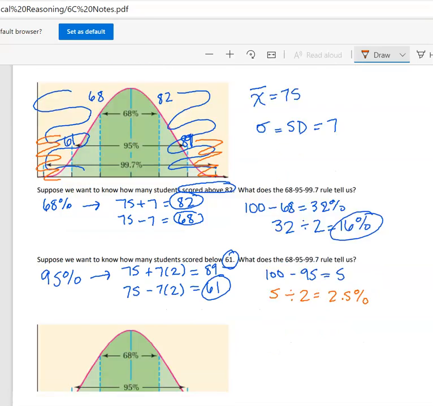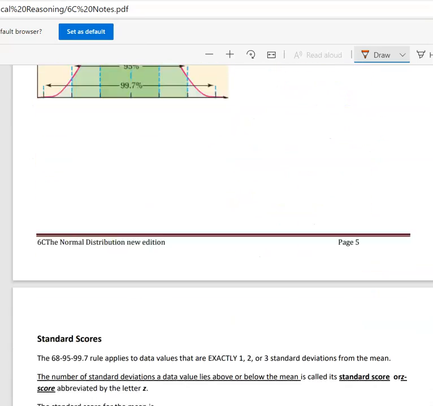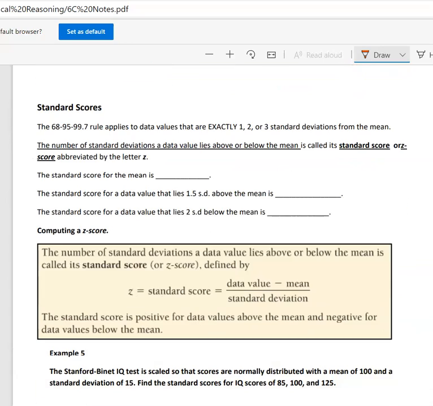Now, this says the 68, 95, 99.7 rule applies to data values that are exactly 1, 2, or 3 standard deviations from the mean. The number of standard deviations a data value lies above or below the mean is called the standard score, or the z-score, abbreviated by the letter z.